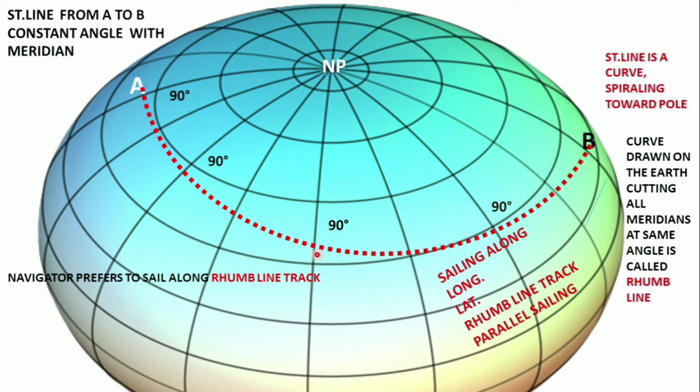If you're sailing along the meridian, you are making an angle of 0 degrees. So that's a rhumb line. Rhumb line is one which is making the same angle with all the meridians. Similarly, if you're sailing along a parallel of latitude or the equator, that's also a rhumb line, because you will always be making an angle of 90 degrees, or your course will be 90 degrees or 270.